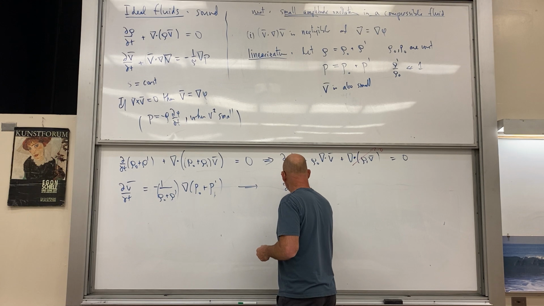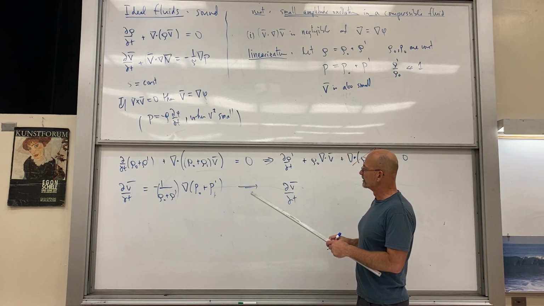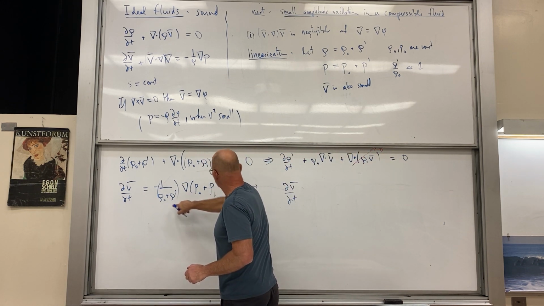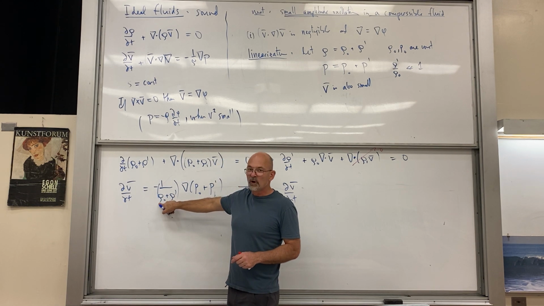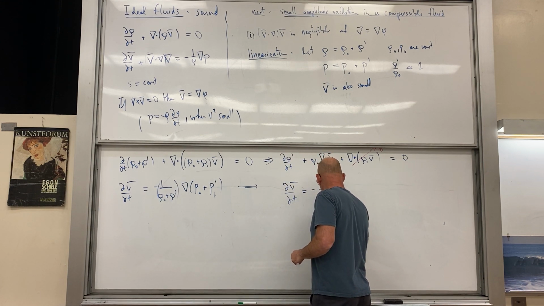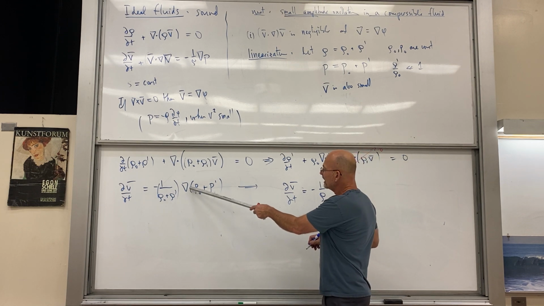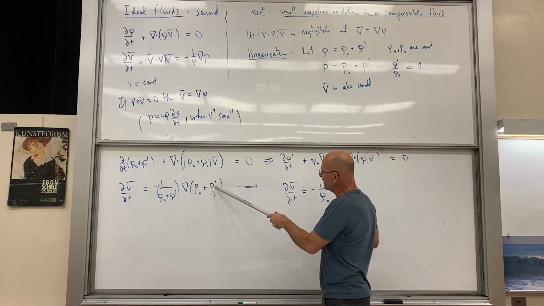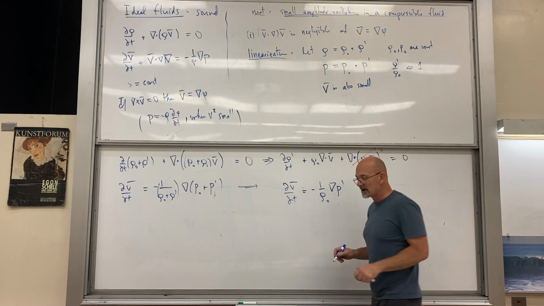Here we have dv dt. Now this will be approximately, we can neglect the rho prime with respect to the rho 0 in the denominator there, so we can just keep a minus 1 over rho 0. And we will have gradient p0 vanishes, gradient p prime.